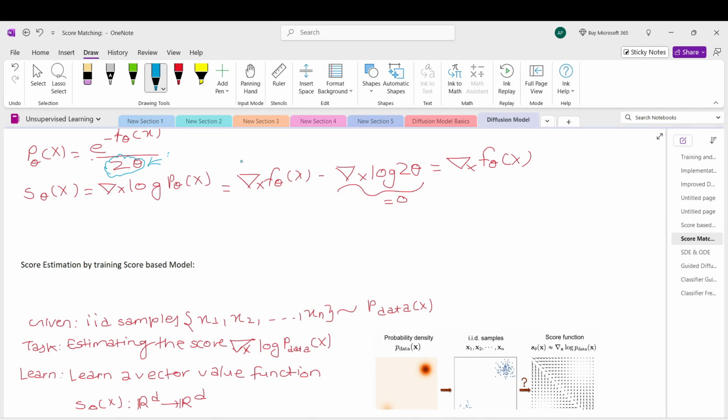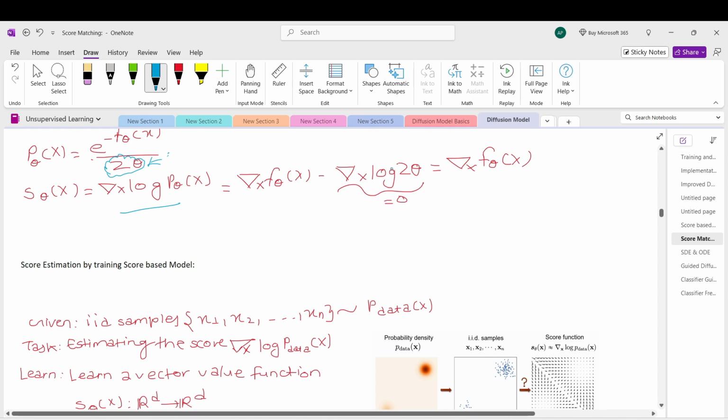So the approach we are looking at here is how to get rid of this quantity. We can take the gradients. If you take log p theta of x and take the gradient of it, this will help us get rid of this.